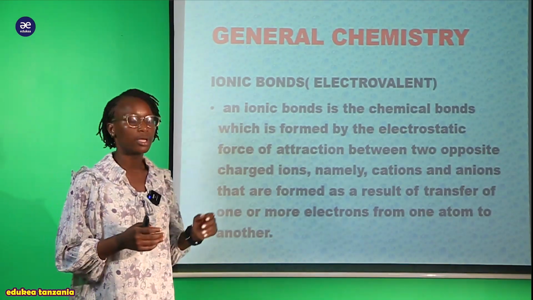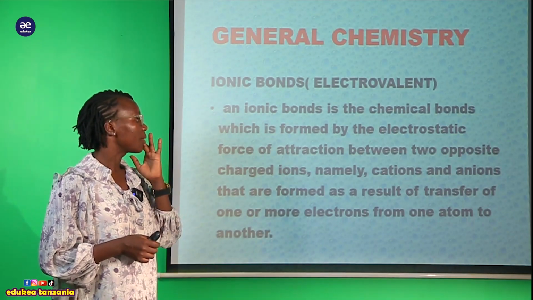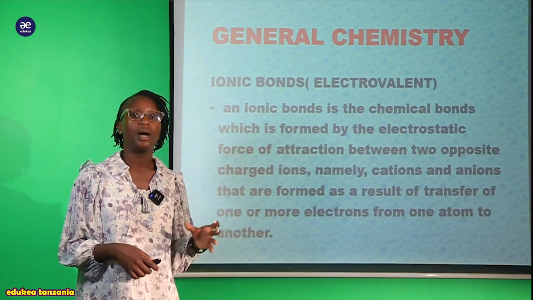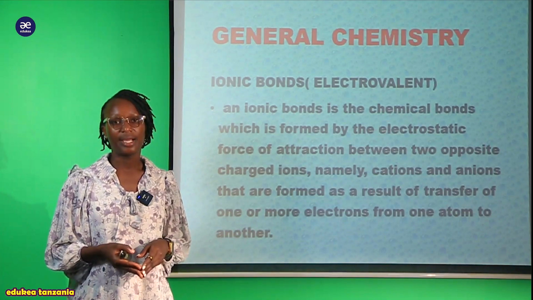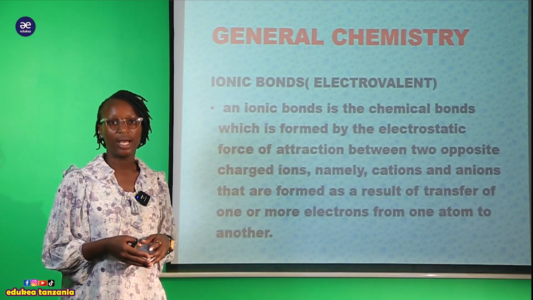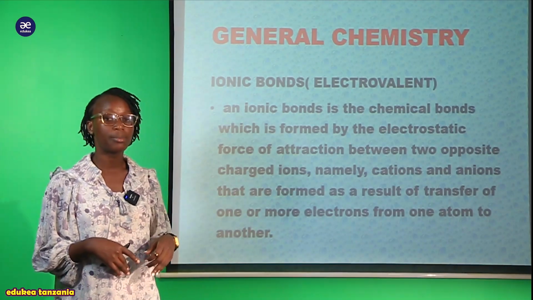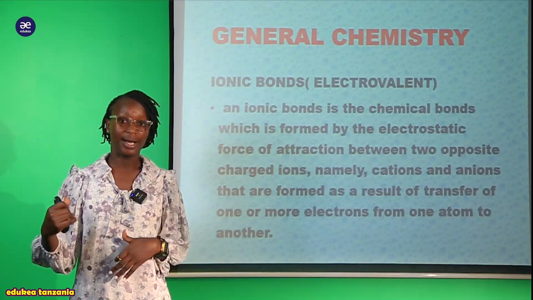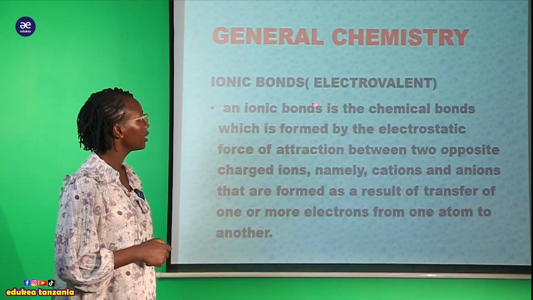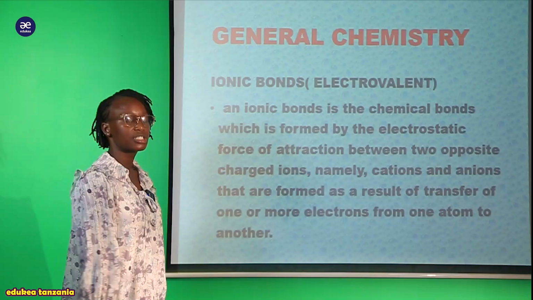When you studied there, the covalent bond involved the formation of what? Positive charge and negative charge. But you also saw that it involves the sharing of electrons, the transferring of electrons. Those are the meanings you were studying in form two or three, I think. But here it tells you that an ionic bond is the chemical bond which is formed by the electrostatic force of attraction.